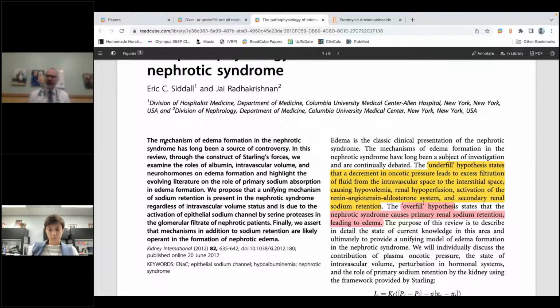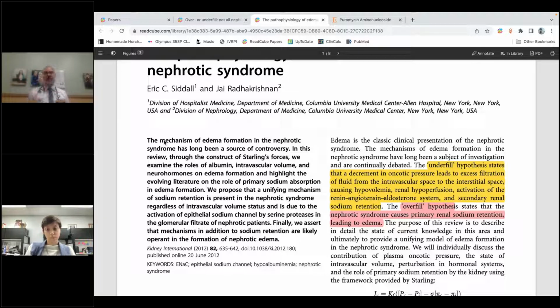They both have a UPC of 8, and one patient has no edema and another patient does. And why is that? Why do we see the difference being unrelated to the magnitude of their proteinuria? It means that there has to be other mechanisms that are happening. And I don't think we even have a good explanation for that just yet.